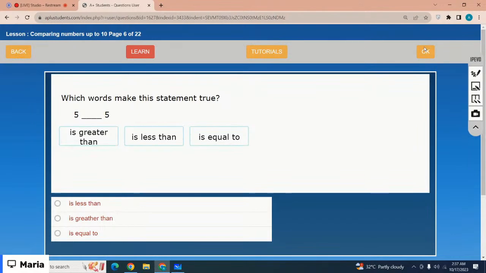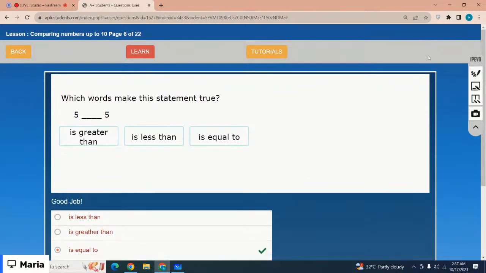The correct option is, yes, they both are exactly equal. 5 is equal to 5. They both are exactly equal, right? Because they both are the same.